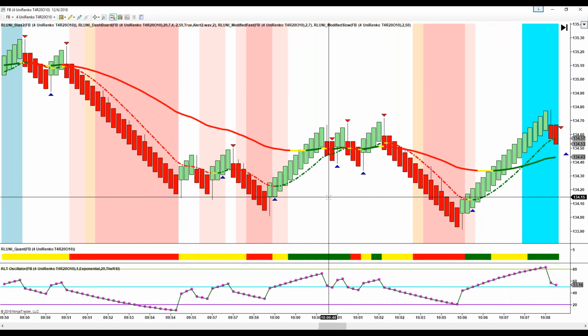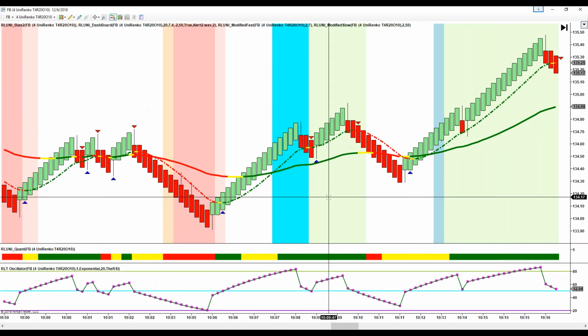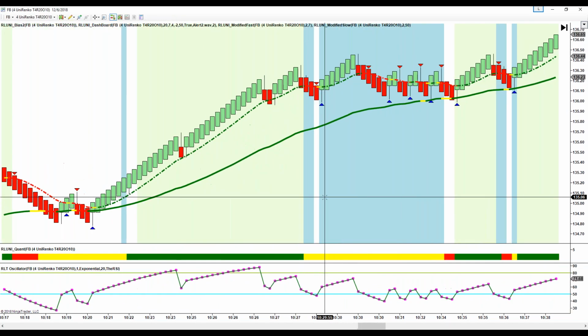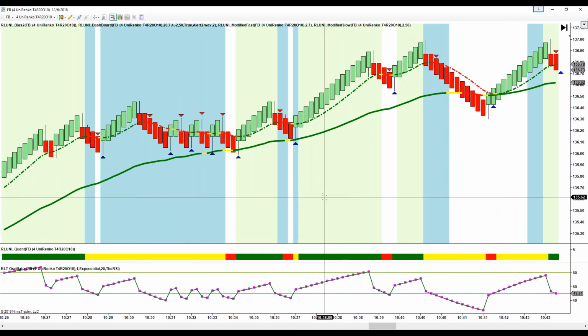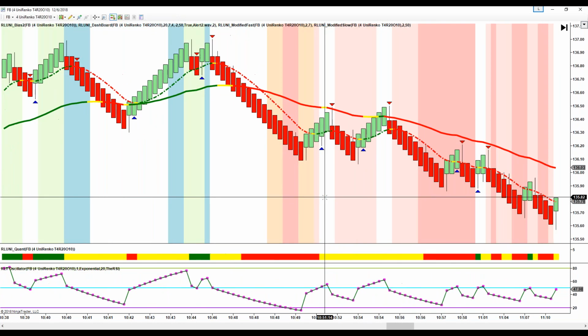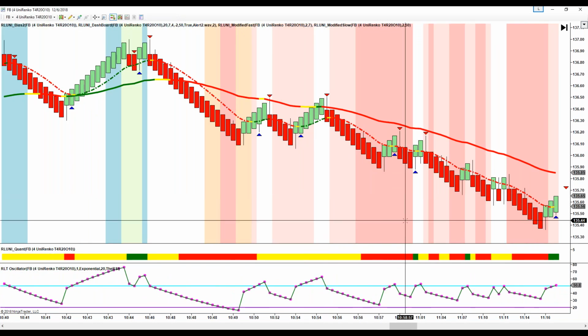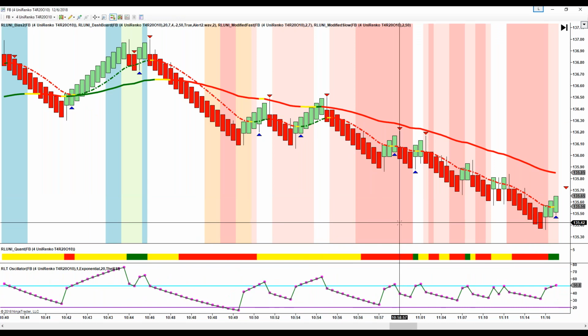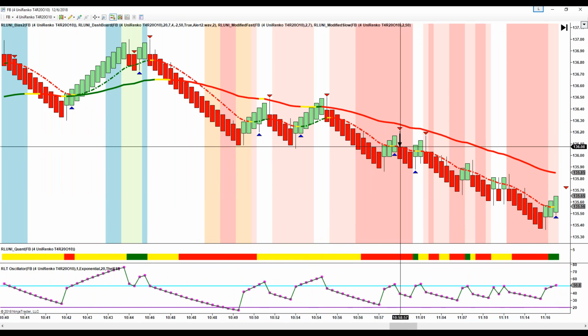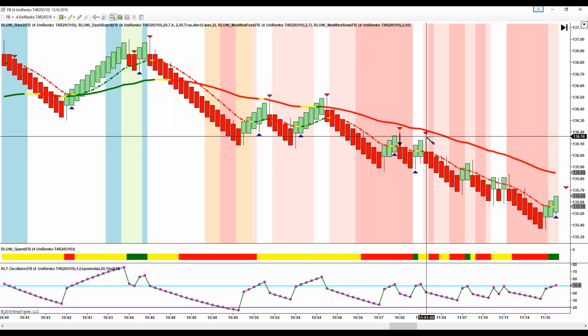Don't have anything. No entry. This is a real tiny move on Facebook. It's not much of a move. This is not an entry.